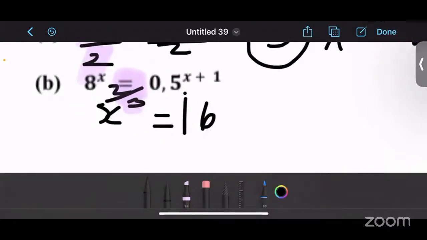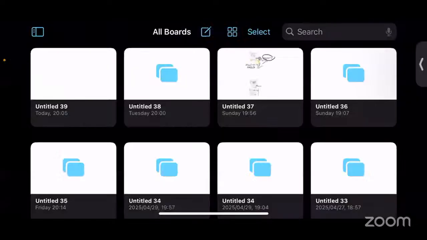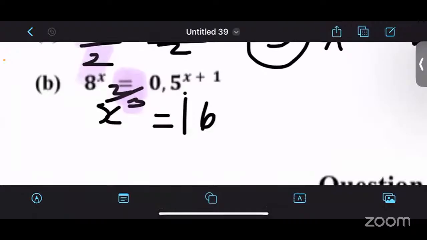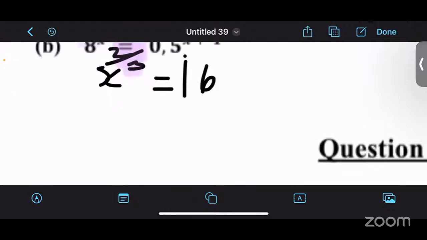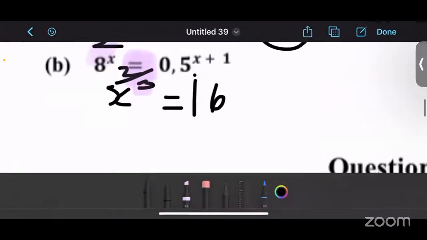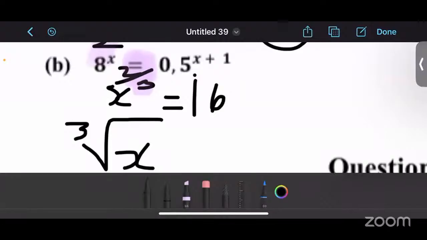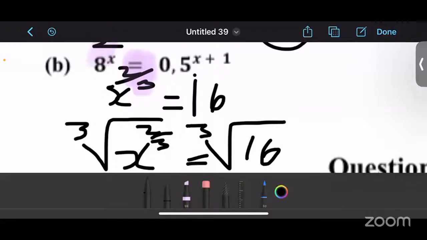All right. What I can do, Zira, if I was in your position, I would introduce a cube root to both sides. So x to the power of 2 over 3 equals the cube root of 16. What is the cube root of 16?